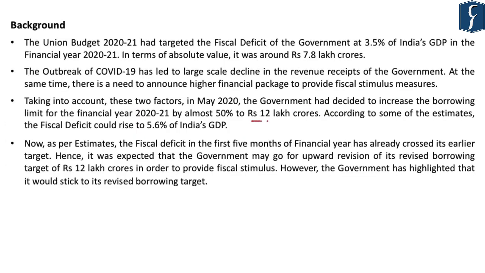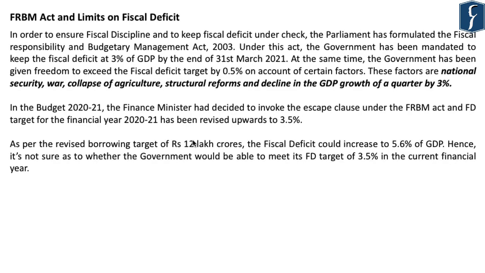Because this 12 lakh crore already comes to about 5.6% of GDP. And government is in no mood to further increase the fiscal deficit. See, for fiscal management and budget discipline, Fiscal Responsibility and Budgetary Management Act 2003 was enacted. Under this act, government has been mandated to keep the fiscal deficit at 3% of GDP by end of 31st March 2021.